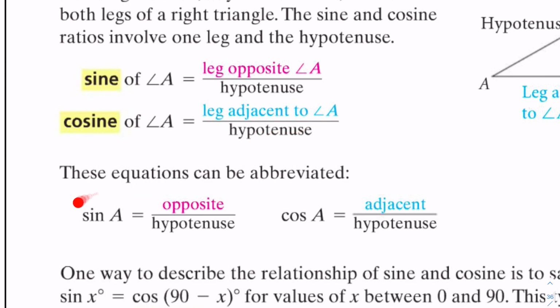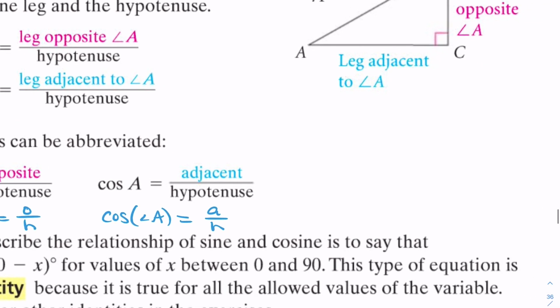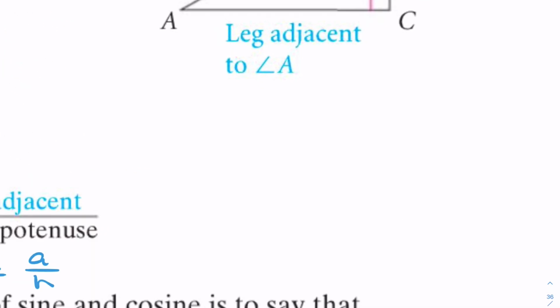So here we have sine of A is equal to opposite over hypotenuse, or I can say sine of angle A equals O over H, and cosine of A is equal to A over H. So what that simplifies to is sine is equal to the opposite over the hypotenuse.